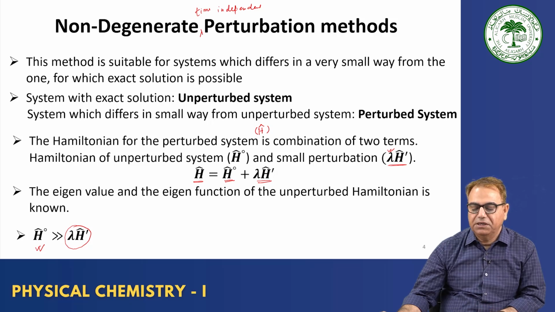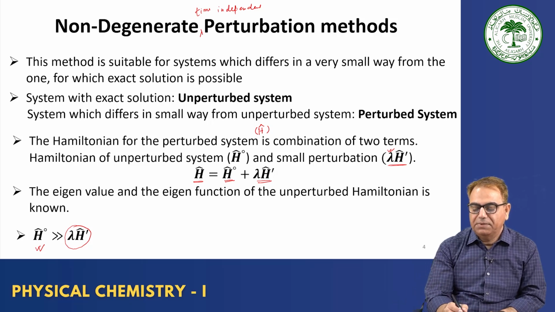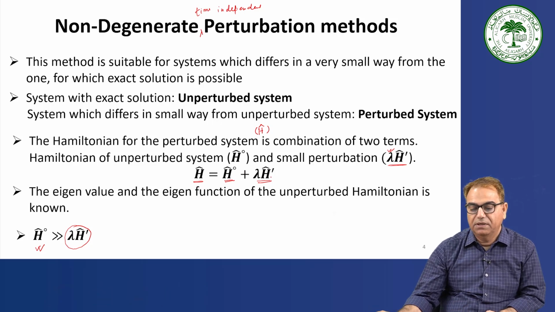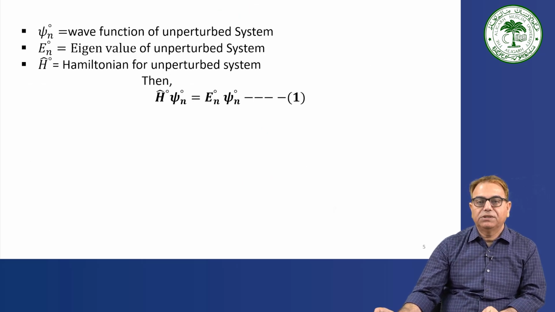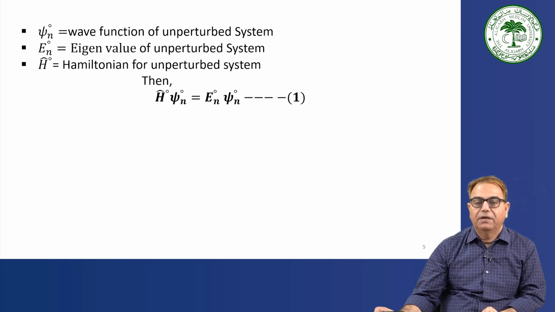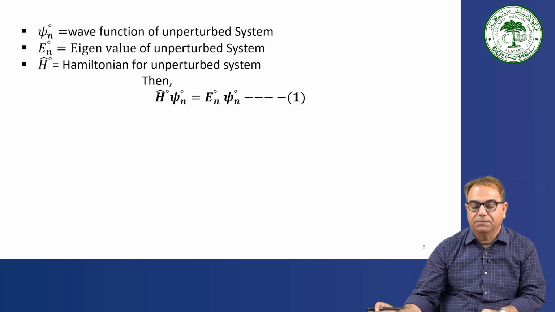For non-degenerate time independent perturbation, the only equation I have written is H equals H naught plus lambda H prime. These are the symbols we use. Psi n naught is the wave function for the unperturbed system, E n naught is the eigenvalue for the unperturbed system, and H naught is the Hamiltonian for the unperturbed system.